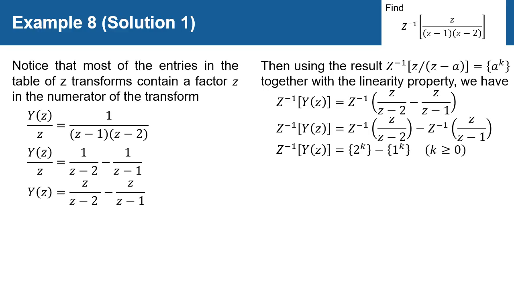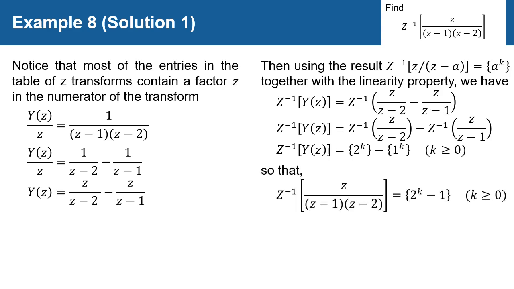Which now leads us to the inverse Z transform of Y(Z), which is equal to 2 raised to K minus 1 raised to K, where K is greater than or equal to 0.